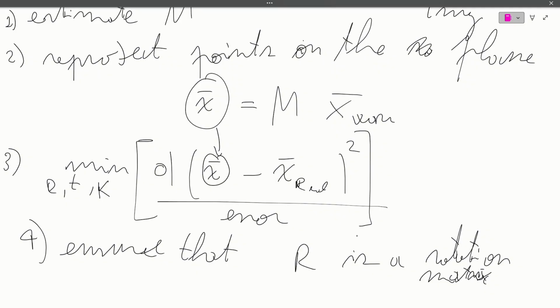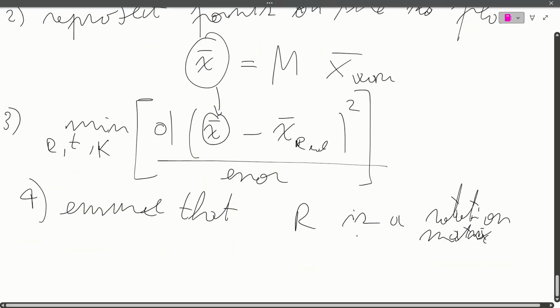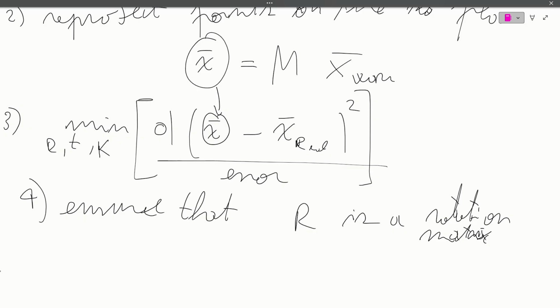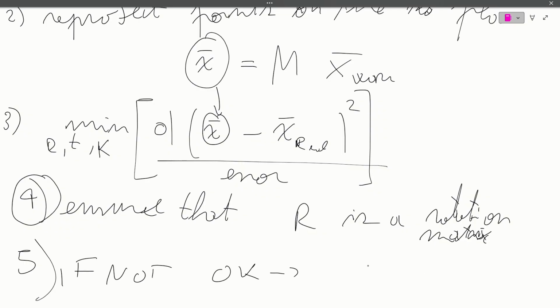If you come to the fourth point and R is not orthogonal, something is wrong, so you have to iterate the process. When finally R works, we have finally found M and factorized it in the right way.